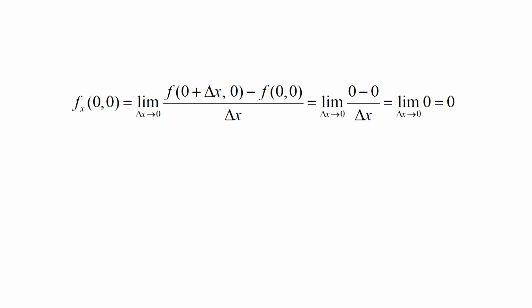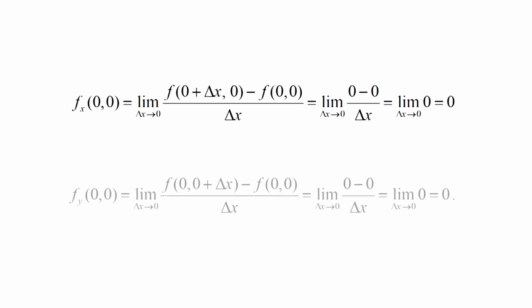Hence, f_x(0, 0) is equal to the limit as Δx tends to 0 of [f(0 + Δx, 0) - f(0, 0)]/Δx, which is equal to the limit as Δx tends to 0 of (0 - 0)/Δx, which is equal to the limit of 0, which is equal to 0.